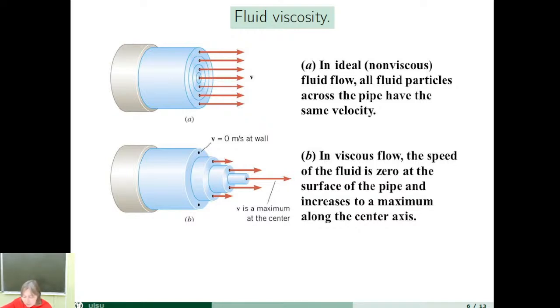Viscosity is a major factor in determining the forces that must be overcome when fluids are transported in the tube. Viscosity influences also the blood flow in the circulatory system.